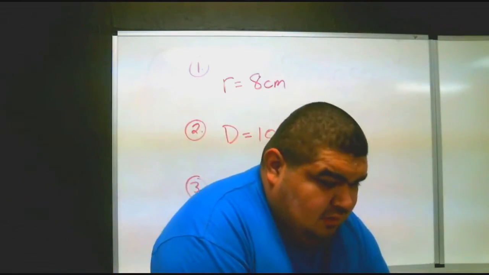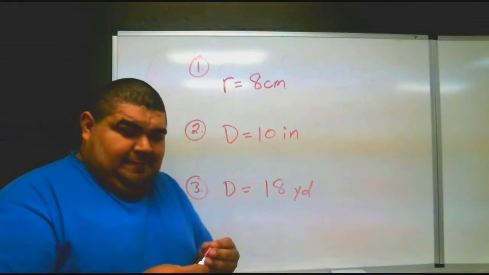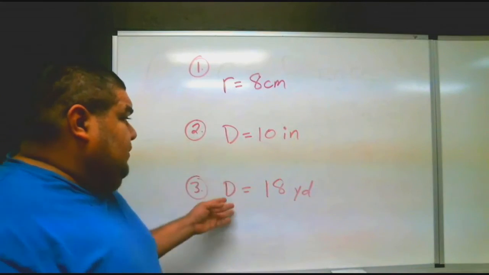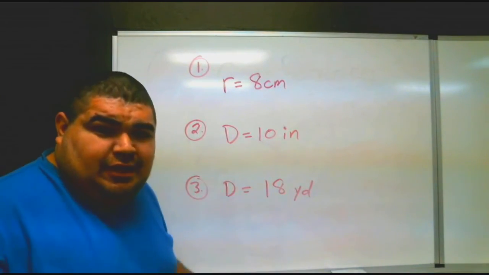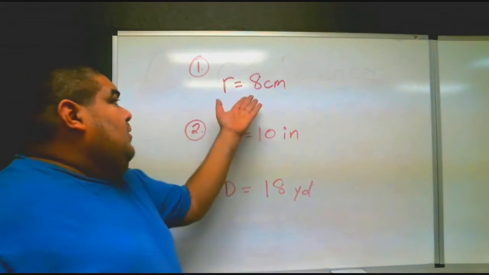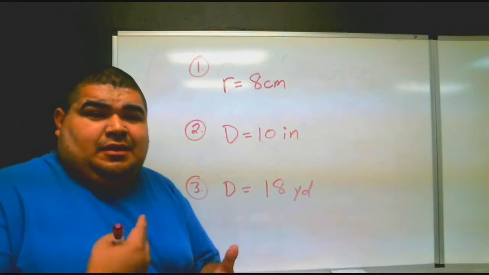So those are your 3 problems for today. You could use radius for these ones, you cut the diameter in half. Or you can do diameter there if you multiply the radius times 2.